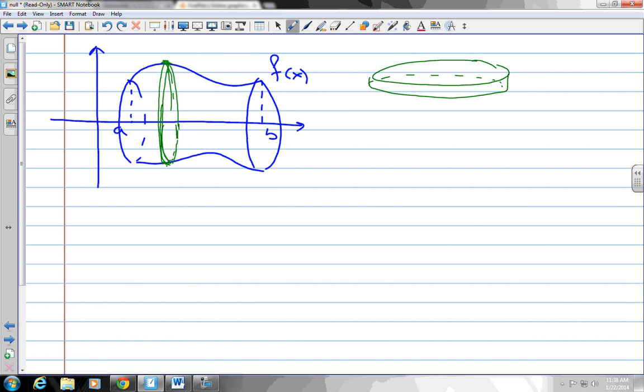Little cylinder. So when I slice it, again, I'm going to take the width here to be delta x, and delta x is, as before, b minus a over n. So that's the height of that cylinder.